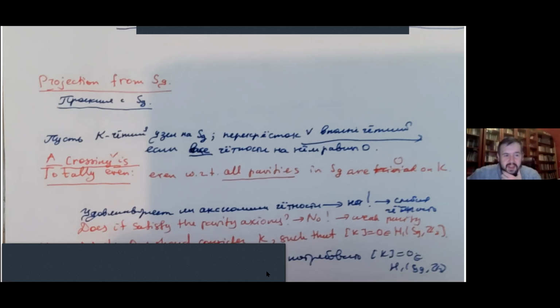So homology, Z2 homology should play some role if the knot is non-trivial, is not classical, excuse me.